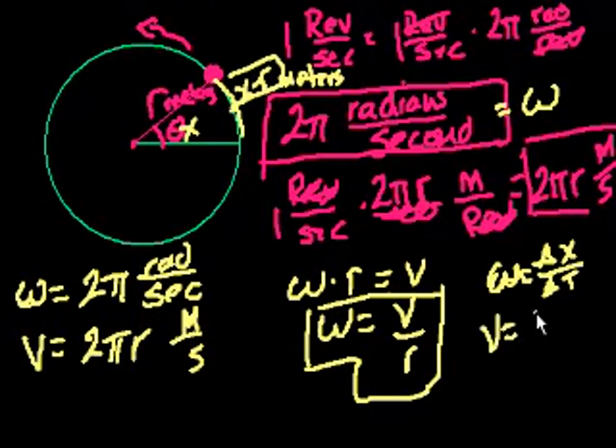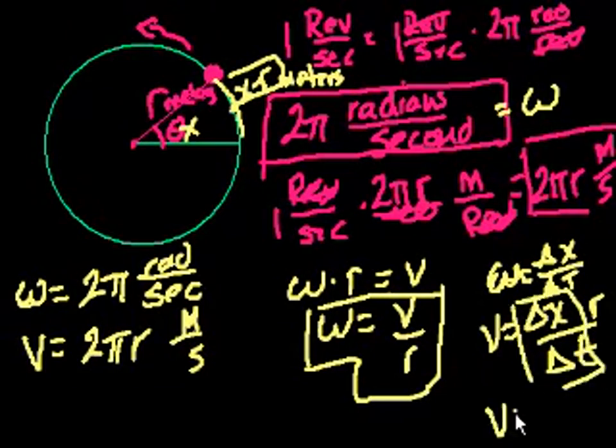Velocity is change in, the radius doesn't change, x times r divided by change in time. And we know, once again, that this is omega. So, another way, we just showed again that omega times the radius is equal to the velocity, or the angular velocity times the radius is equal to the velocity.